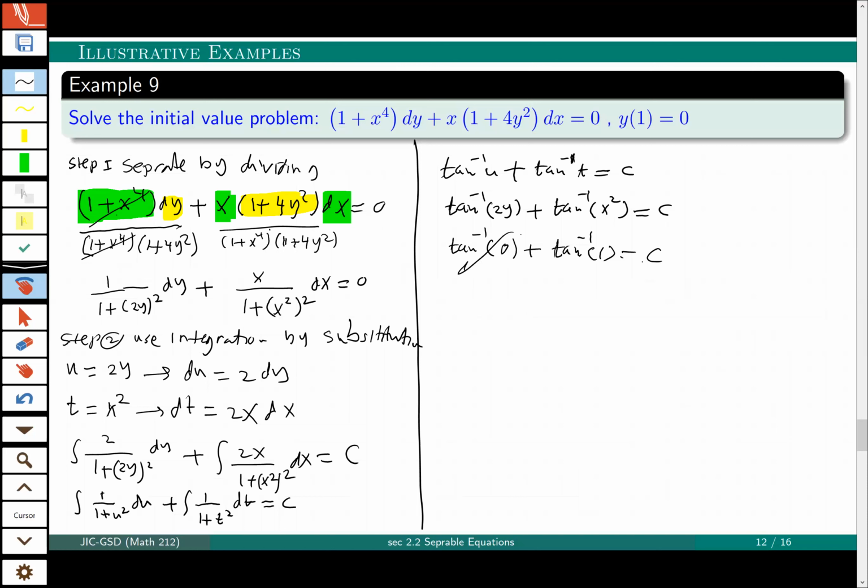Tan inverse of 0 is 0, and your c will be equal to pi over 4. So the solution of the differential equation will be tan inverse of 2y plus tan inverse of x squared is equal to pi over 4. So that will be the solution of the differential equation.